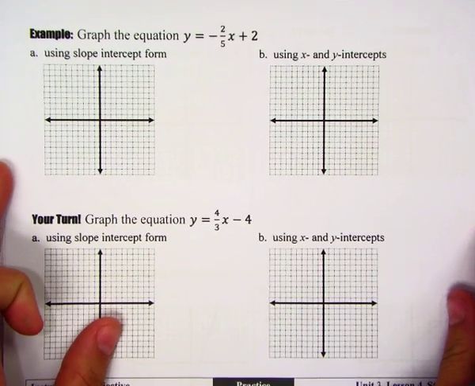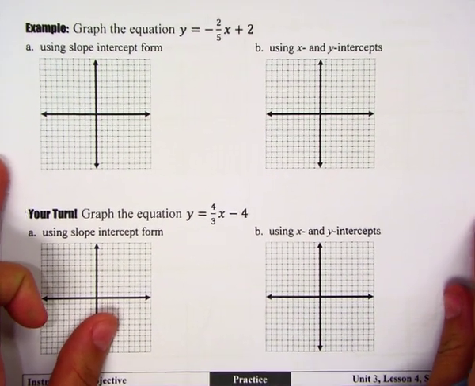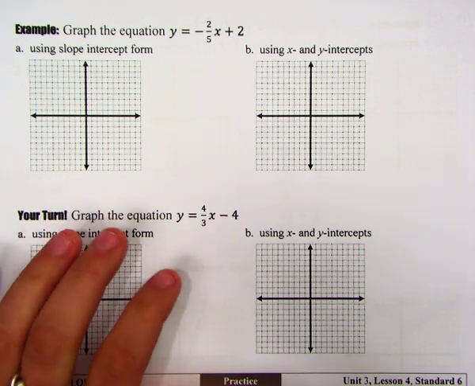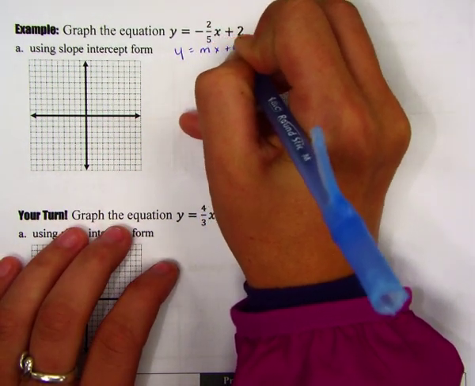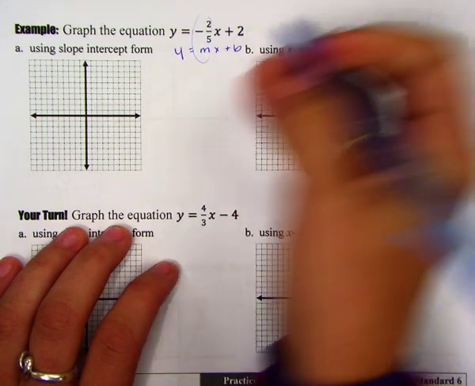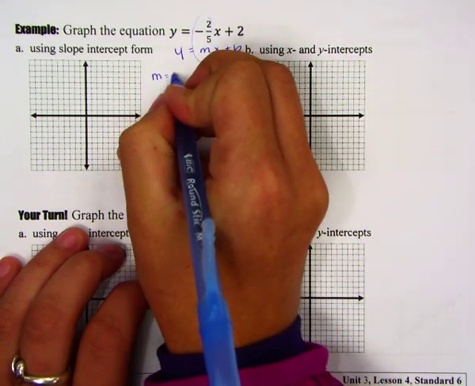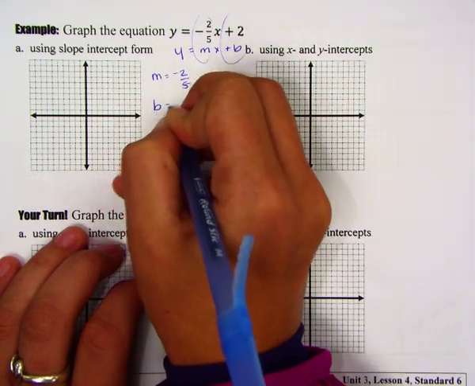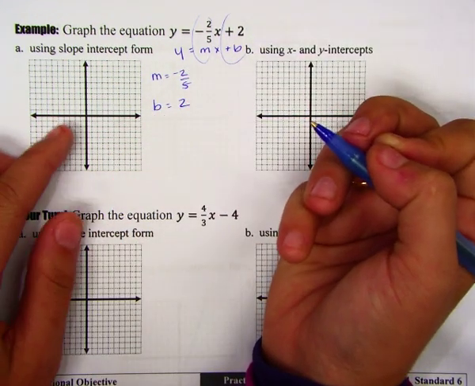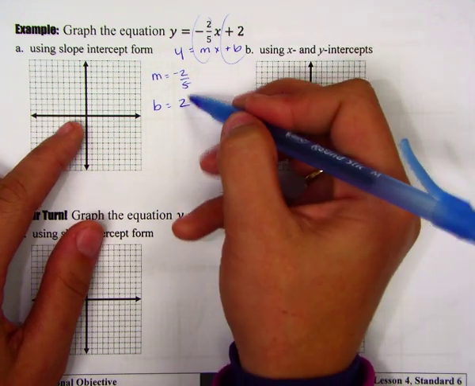Example number 1. I'm going to graph this using slope-intercept form and then using x and y-intercepts. So using slope-intercept form, y equals mx plus b. This is my slope, and this is my y-intercept. So from the previous page, the first thing is I identify these.